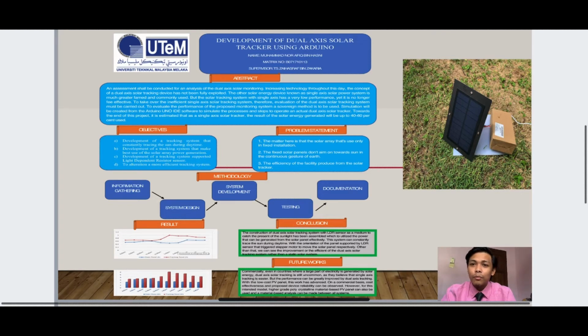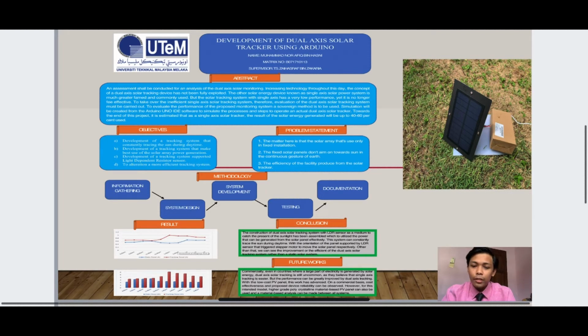The second point is the problem statement. Based on the description I gave earlier, we can pull out several problem statements for this project. Number one, the solar array is used only in fixed installation.